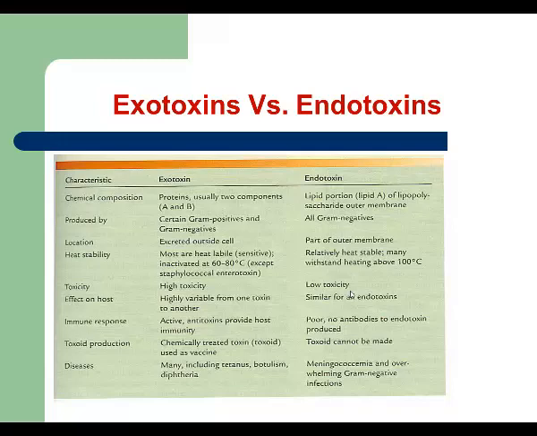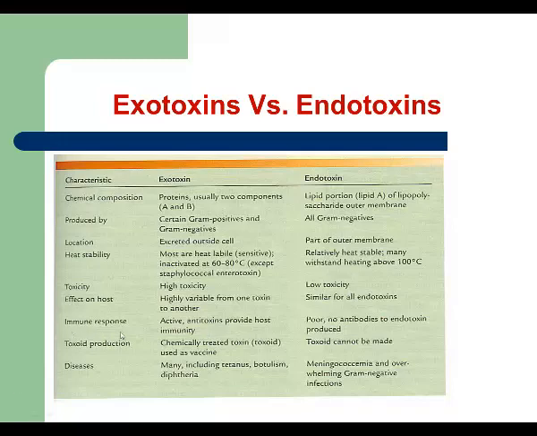Because if you use high doses of antibiotics, you will kill a lot of bacteria in a short period of time, and then a lot of endotoxin will be released into the bloodstream. And even though it has low toxicity, if a lot of endotoxin is released, it can actually cause toxic shock in the patient.